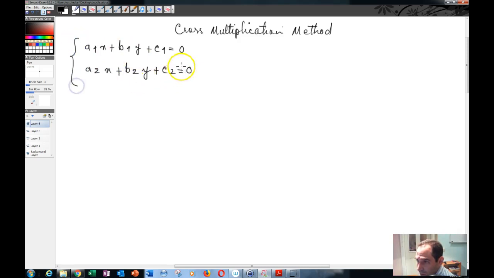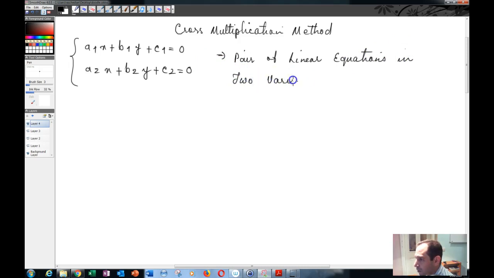Let's say that this is a pair of linear equations in two variables.